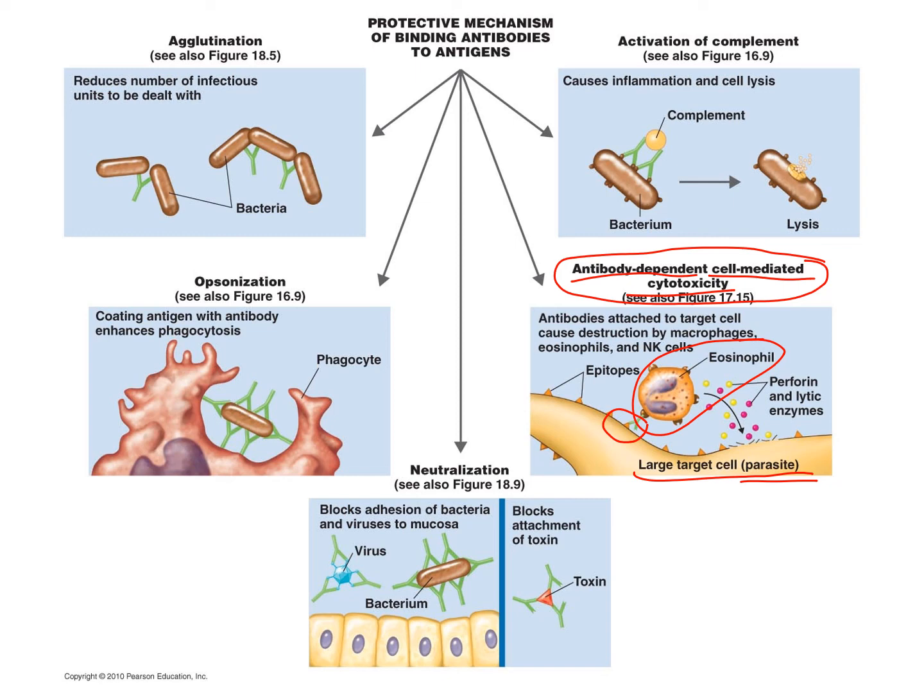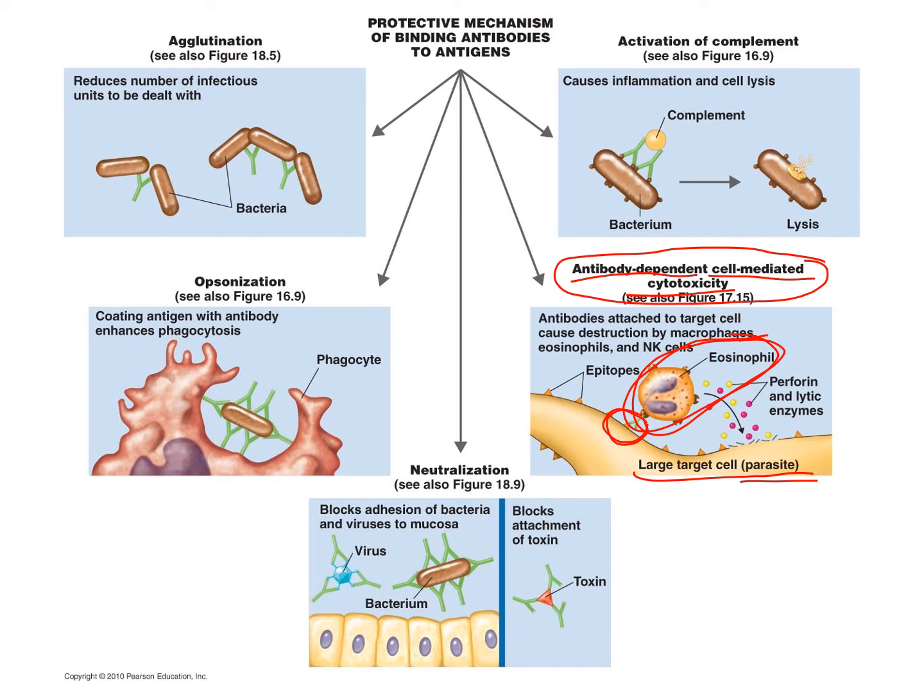It can also signal to other white blood cells that this is an organism that has to be eliminated. So, antibody-dependent cell-mediated cytotoxicity is where the antibody binds to a microbe, and that is a signal that other white blood cells need to attack and eliminate that microbe.